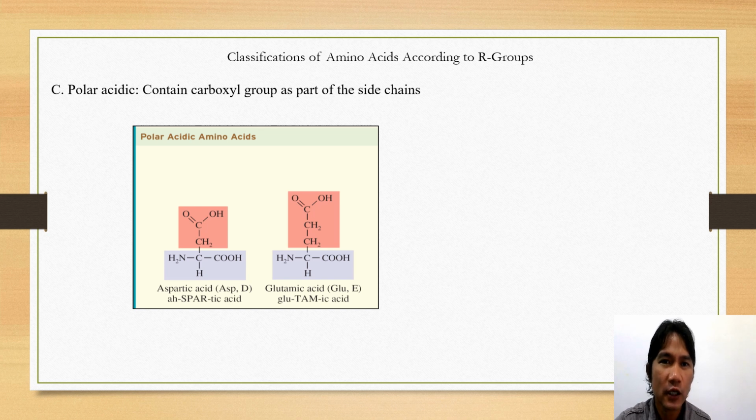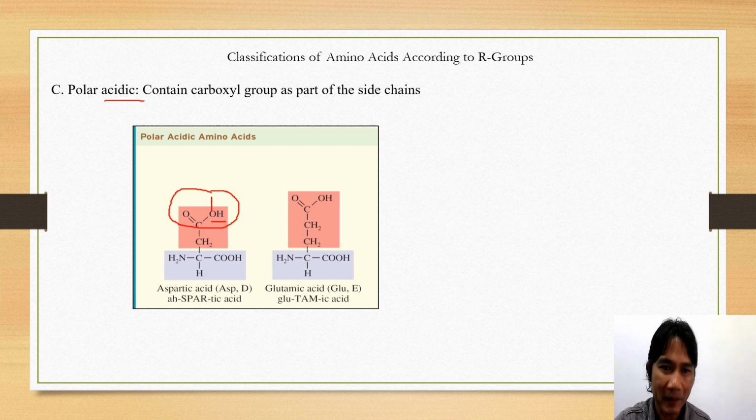The third classification is called polar acidic. Polar still due to the presence of electronegative atoms such as oxygen, but at the same time they are acidic due to the presence of carboxyl group.